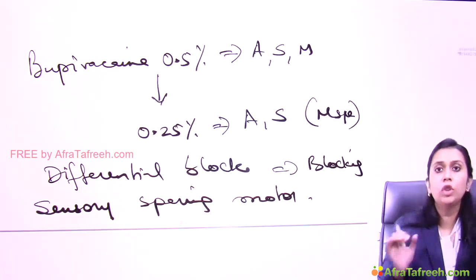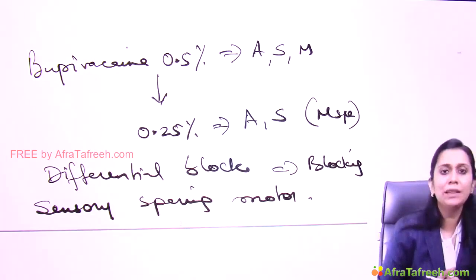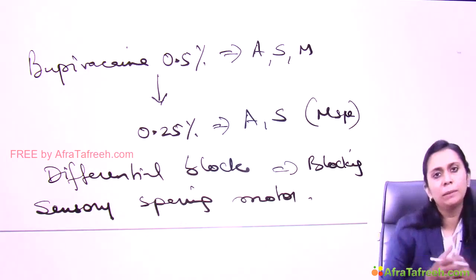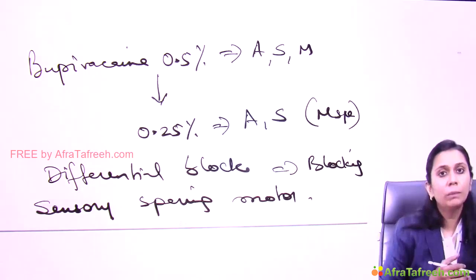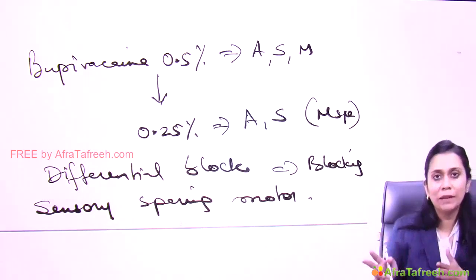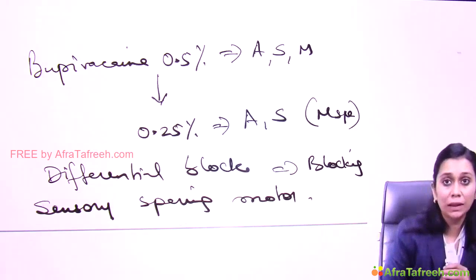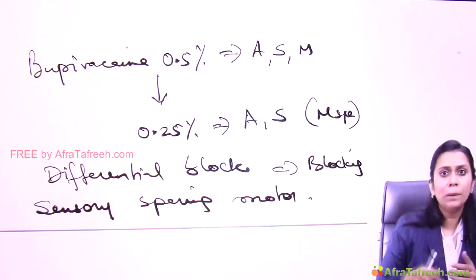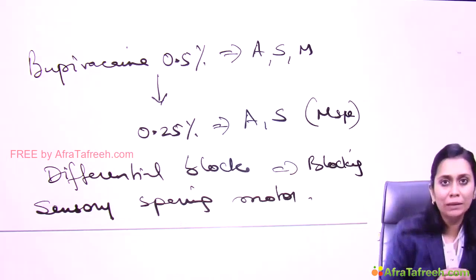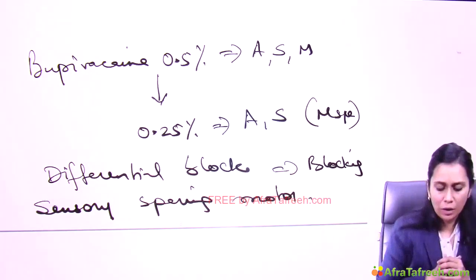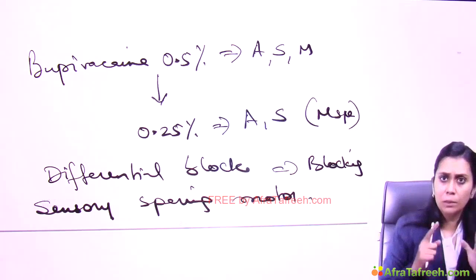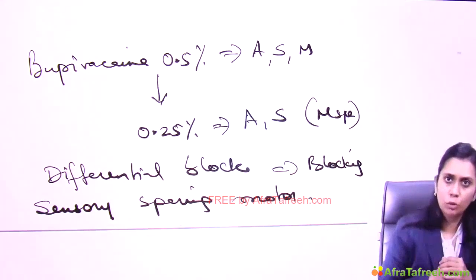Well, the most common place where we use it is painless labor, for labor analgesia. The patient can push the baby but cannot feel the pain because we have blocked the pain fibers and left the motor fibers intact. Post-op analgesia: the patient can ambulate but cannot feel the pain because we have blocked the pain fibers. So this is what differential block is. Blocking sensory, sparing motor. Got it?